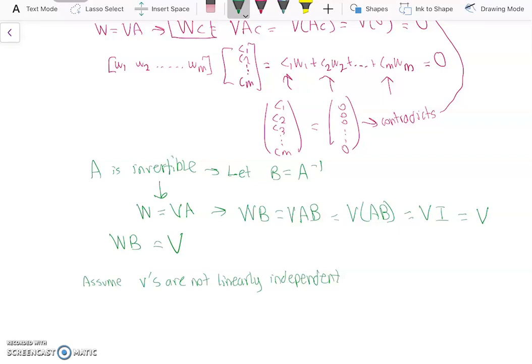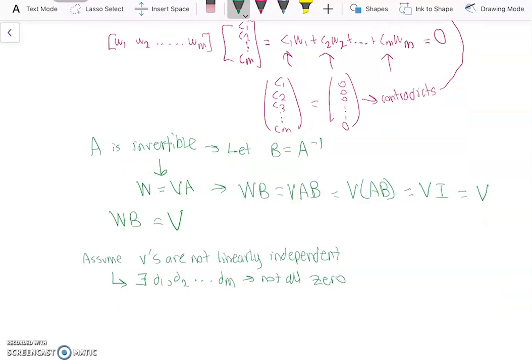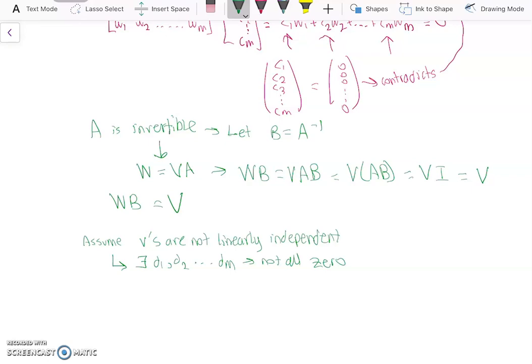So doing another proof by contradiction, that means there exist real numbers d1, d2 up to dm, not all 0, such that d1 v1 plus d2 v2 plus up to dm vm is equal to the 0 vector.